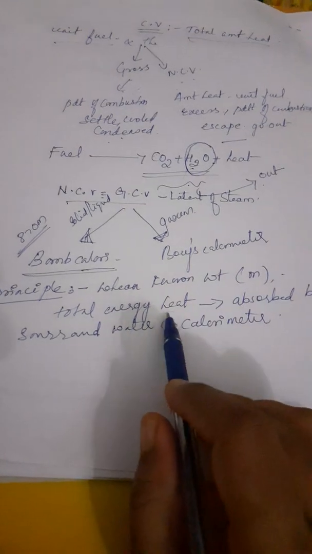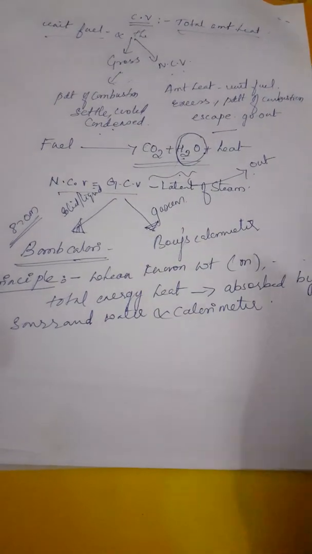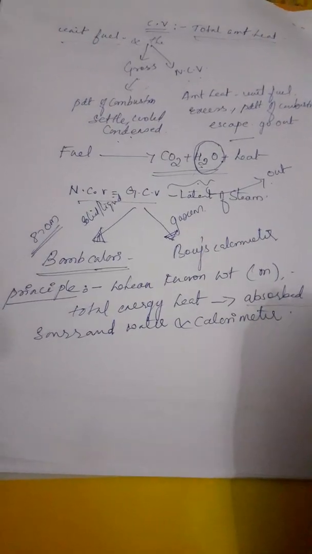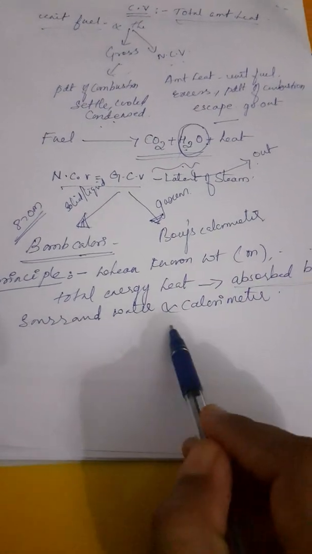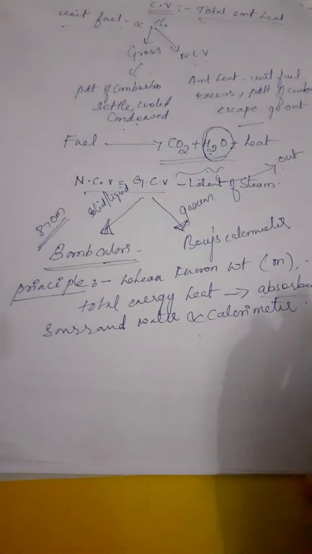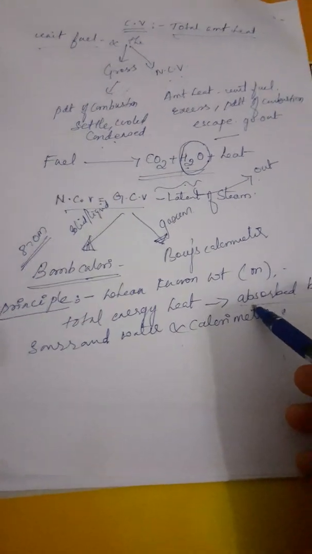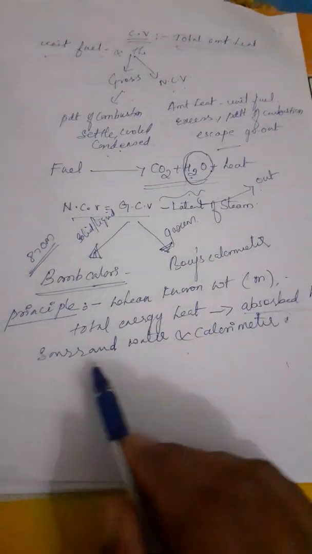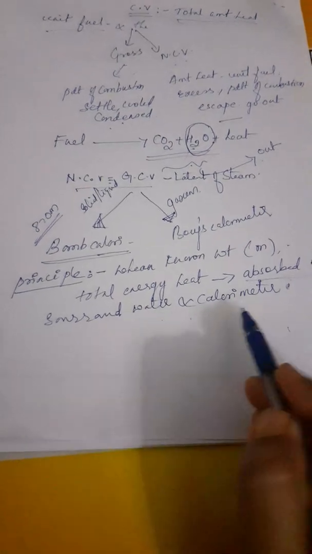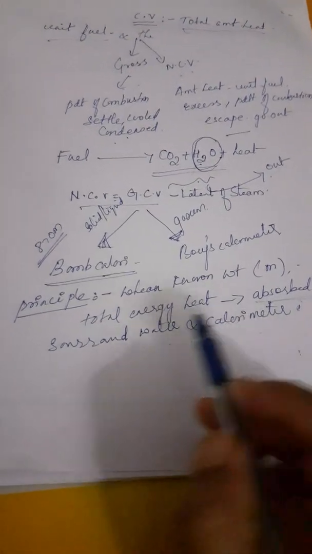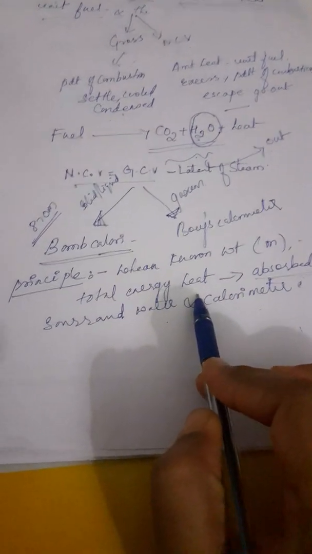So the amount of energy released will be equal to the amount of heat absorbed by the surrounding water and the copper calorimeter. Find out how much energy is absorbed by the surrounding water and the calorimeter, and we can easily find out the total amount of energy released.